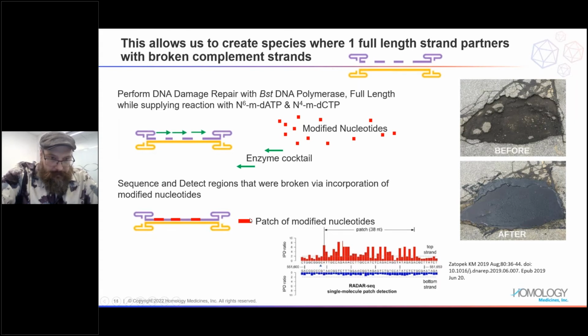You can see down here on the bottom, and now, by putting it on the PacBio sequencer, we can actually see where previously something had been broken. We can physically see where the repair events occurred during these steps of DNA damage repair, sequence them, identify them, and that allows us to go back, take another run at designing these vectors, and go through the process again. It's quite efficient and very, very helpful.